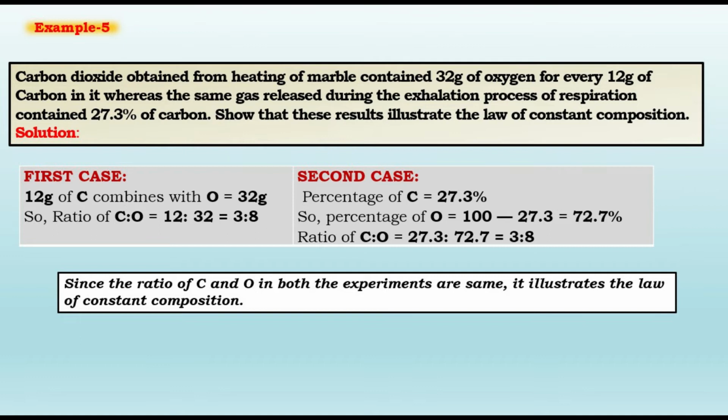Example 5. Carbon dioxide obtained from heating of marble contains 32 gram of oxygen for every 12 gram of carbon in it, whereas the same gas released during the exhalation process of respiration contained 27.3% of carbon.